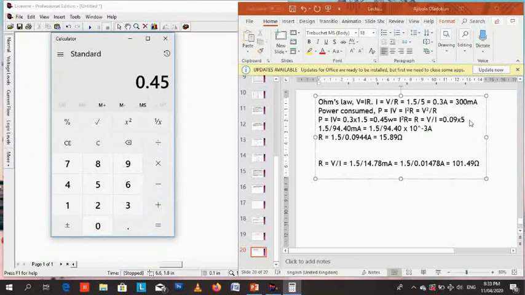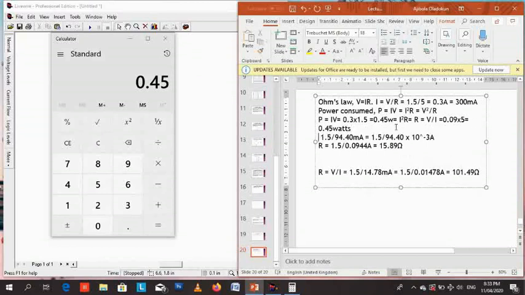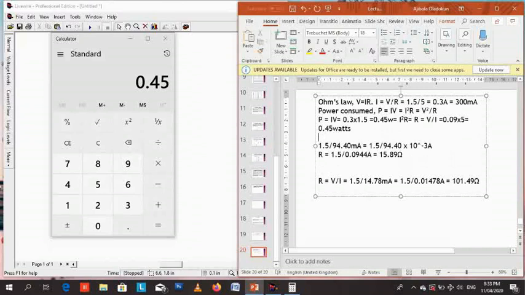So that is the same thing. If we had used I squared R instead of IV, we would still have gotten the correct power consumed by the 5 ohm load. You can write the watts in full, or use W as the symbol.